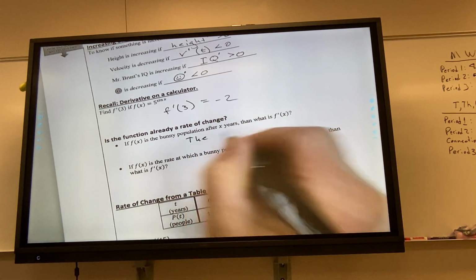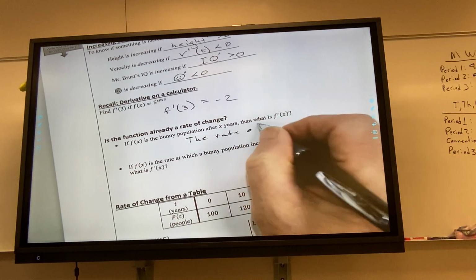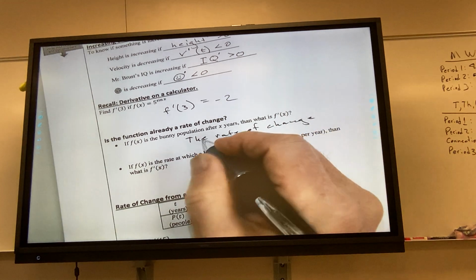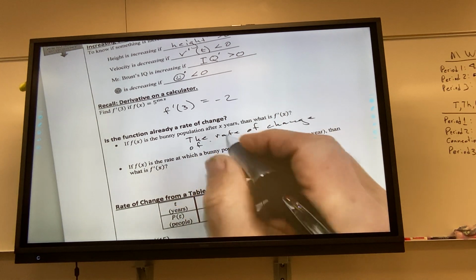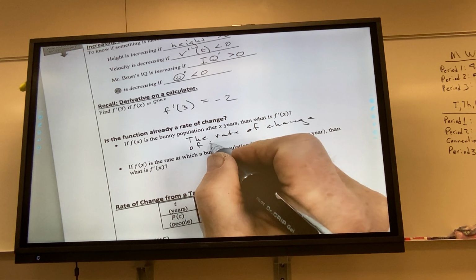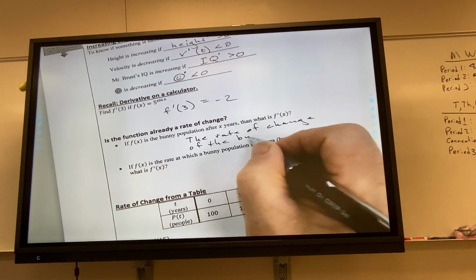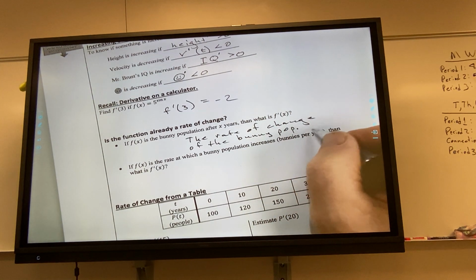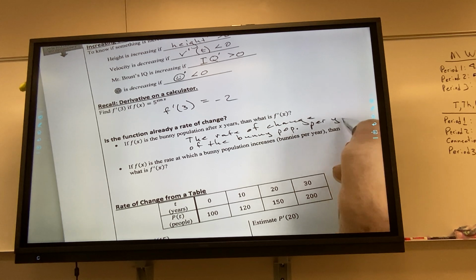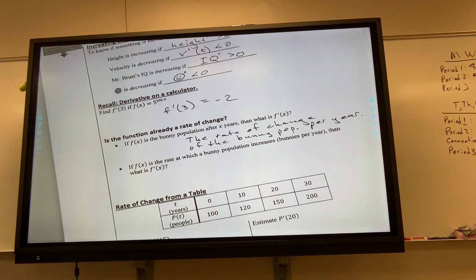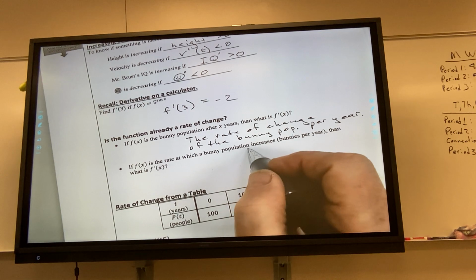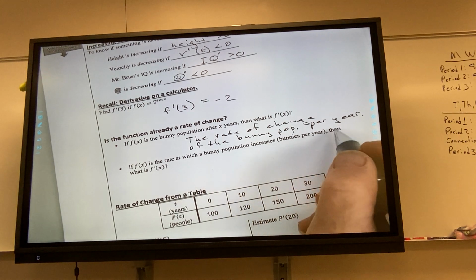The rate of change of the bunny population, and I'm just going to write pop here, per year. F of x is the rate at which the bunny population increases, bunnies per year.